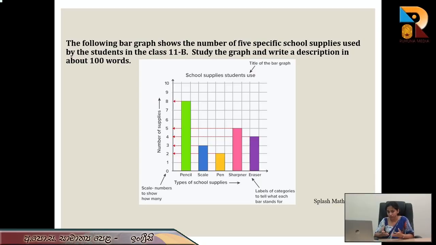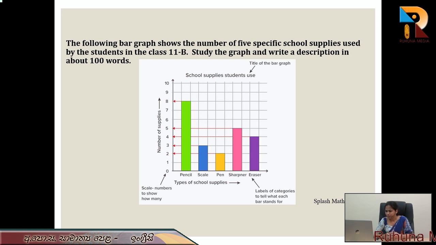Now, let's have a proper look at the bar graph given. What can we identify? First of all, we have to introduce what it is. If you are to introduce, this is how you could do it. Now, this bar graph shows, as you can see in the title, the number of several school supplies used by the students in class 11B, right?